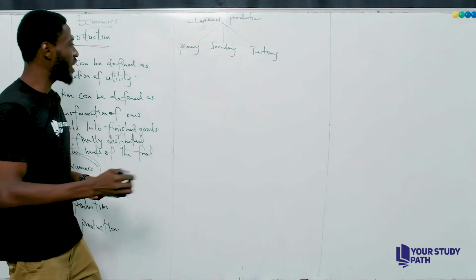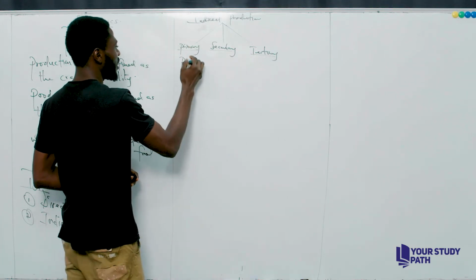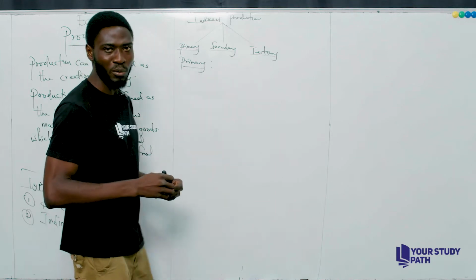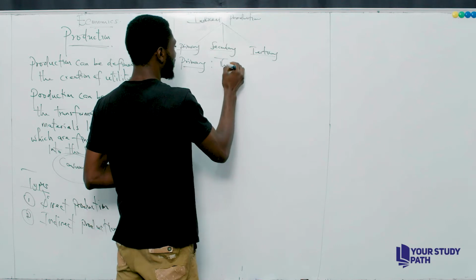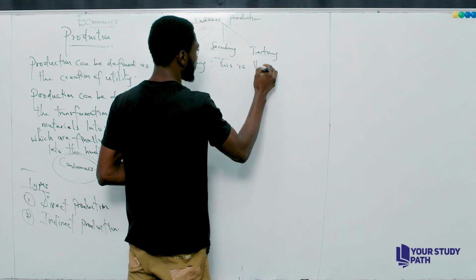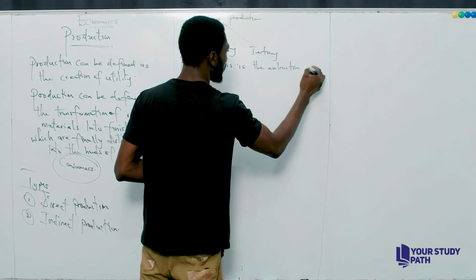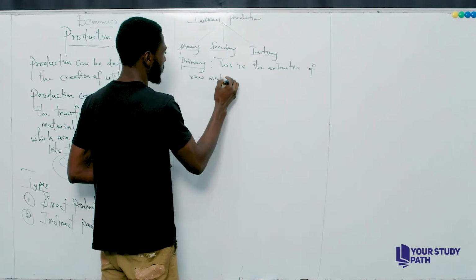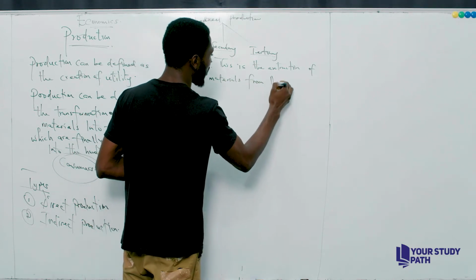Now, looking at the primary production, let's take each of these classifications. What is primary production? This is the extraction of raw materials from their natural habitat.